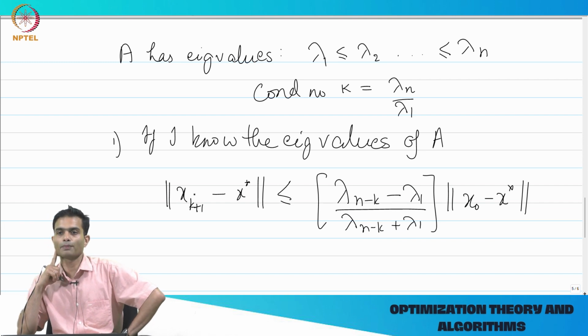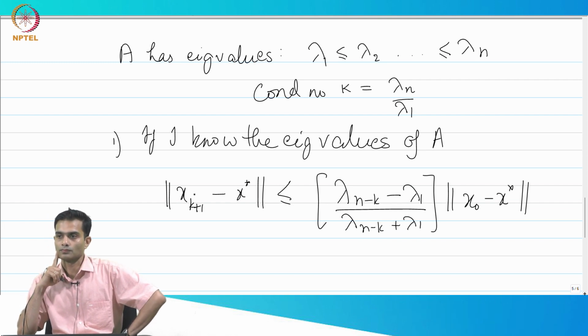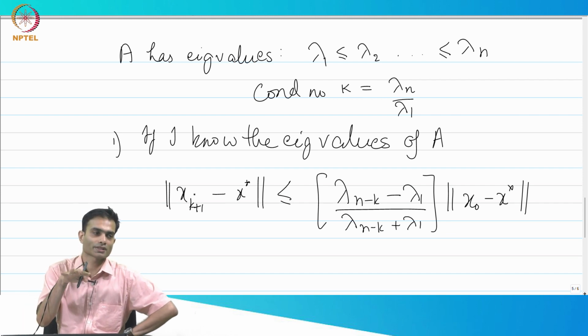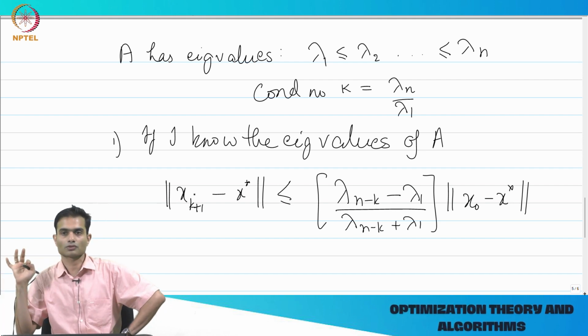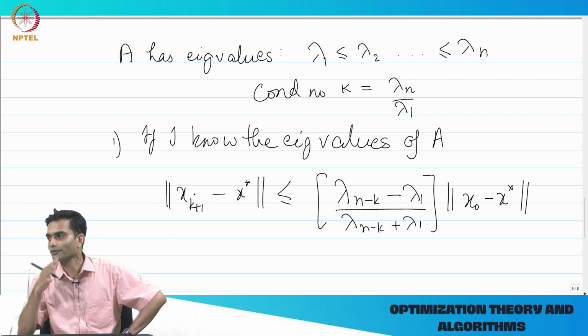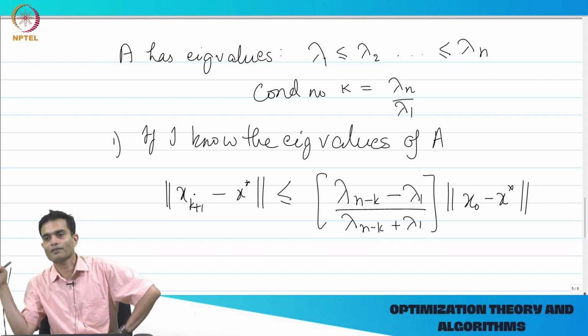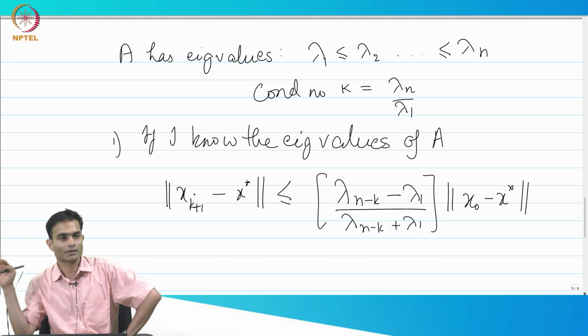So let us say I have repeated eigenvalues. Let us say the first 5 eigenvalues are distinct, and the remaining 5 are repeated. So there's a system with 10 eigenvalues. First 5 are distinct, next 5 are repeated, and they are the same. So what is this telling us?